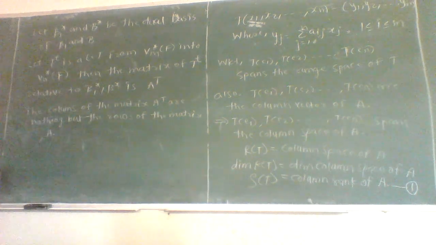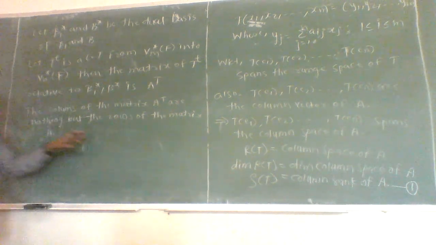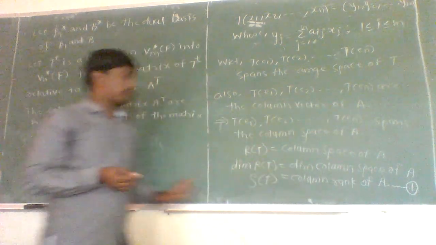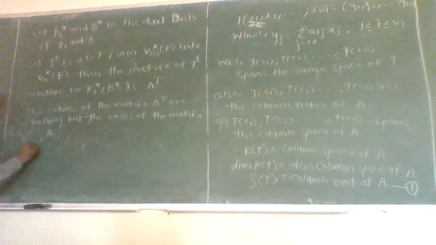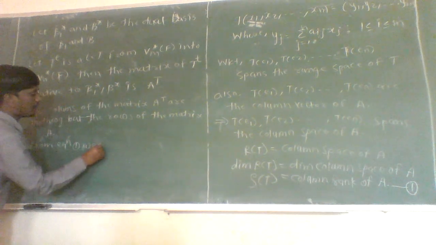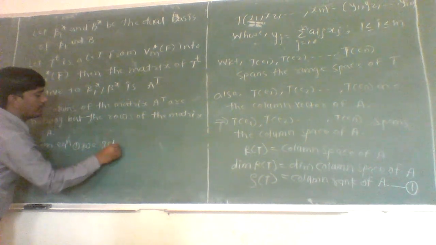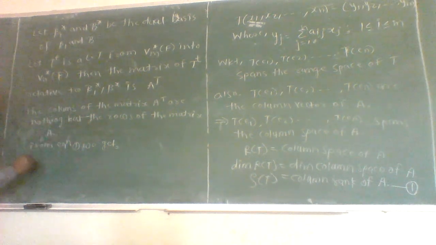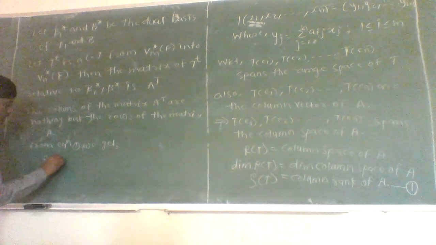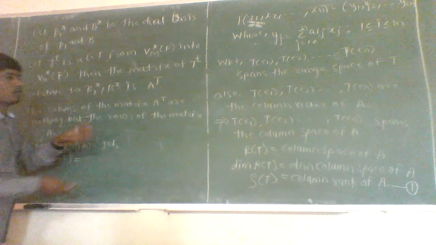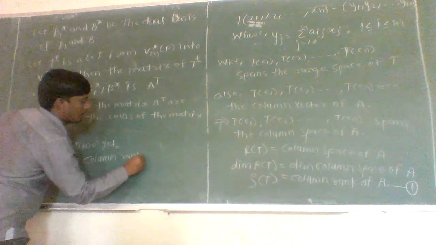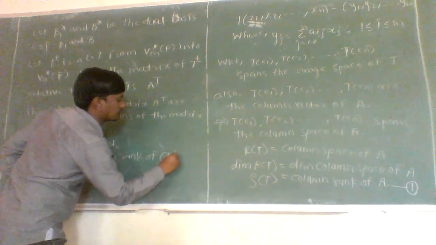So now, applying the same reasoning as we applied on matrix A, from equation 1 we get, here we have to apply the same reasoning on matrix A transpose. Then rank of T to the power T, where your linear transformation is T to the power T, is equal to the column rank of matrix A transpose.